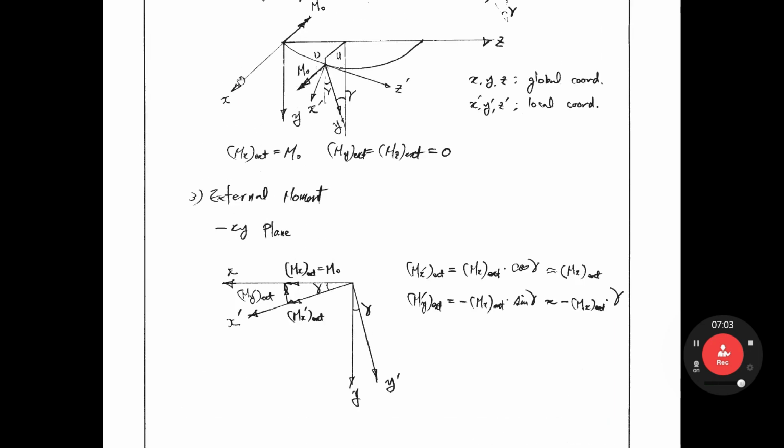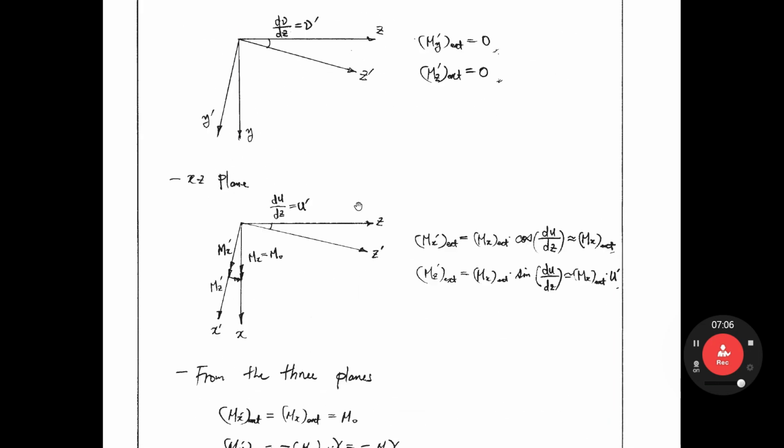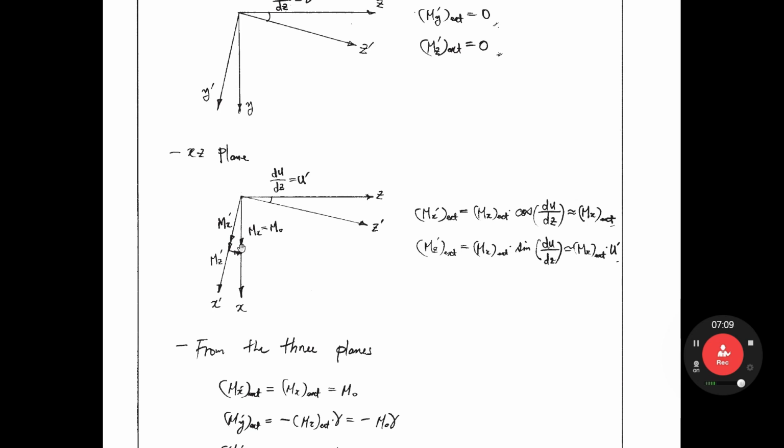This moment corresponding to this x-axis. So the x-axis moment can be divided into two, mx prime and mz prime. From this plane, you can calculate mx prime external equal mx external times cosine this angle. This angle is equal to u prime, du dz. So the small angle, so it is equal to 0.